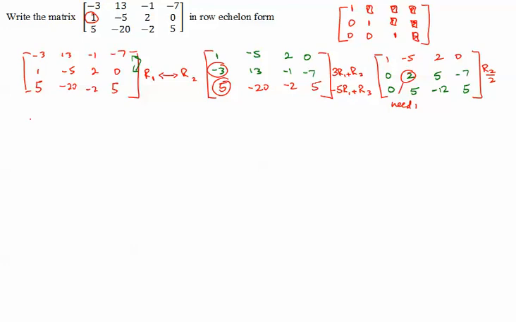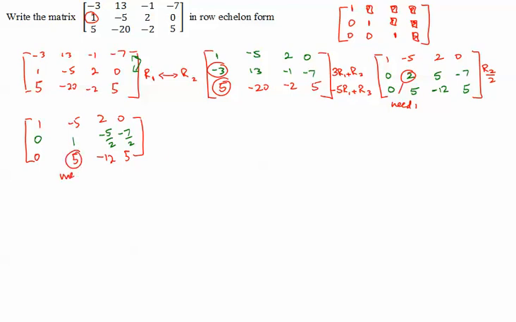So now I received my new row. It will be 0, 1, minus 5 halves, minus 7 halves. And the rest I did not change at this step, so I leave them in red. And again I need a 0 here.